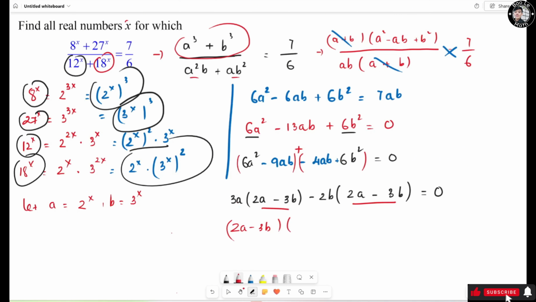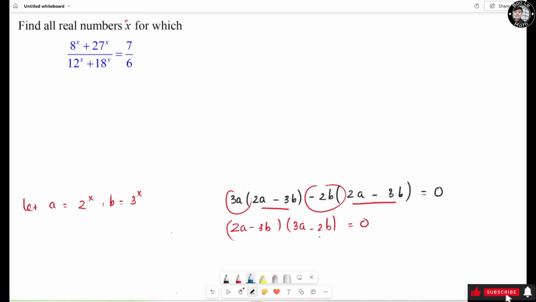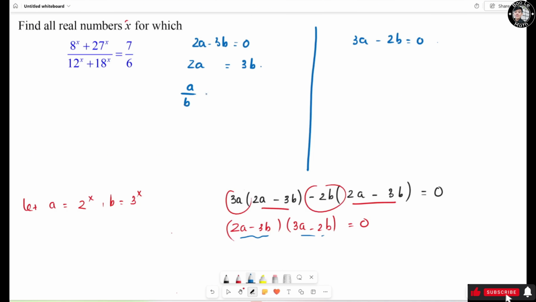It's going to be (3a minus 2b) left, equals 0. Now this is a zero product, so we're going to let each of these equal 0. 2a equals 3b, so a over b equals 3/2.